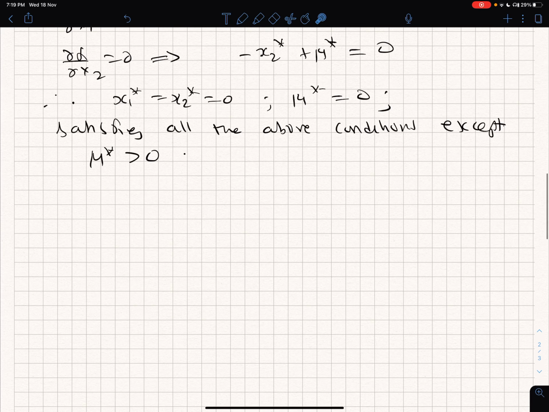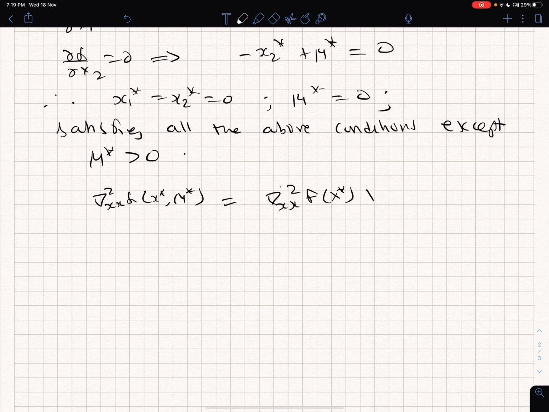Okay, so let us write this x star mu star. So this is going to be the second order derivative of f evaluated at x star plus mu star times, there is only one inequality constraint, so the second order derivative of g of x star.